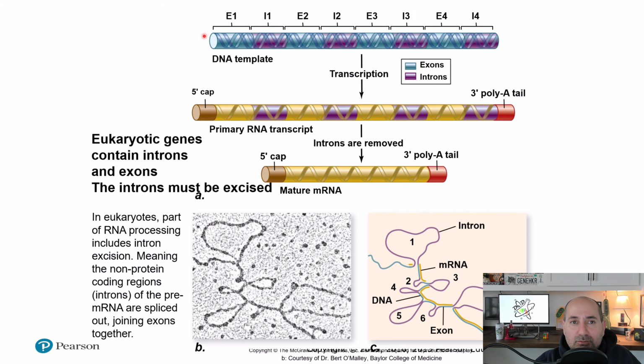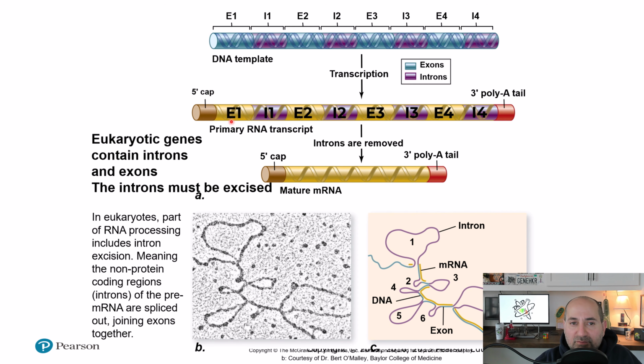However, remember, when you transcribe this gene, this transcriptional unit, you're copying both the useful exon information as well as the non-useful intron information. After transcription, you have a long pre-mRNA, which includes these gold portions that are your exons, as well as these purple portions, which are the non-coding introns.